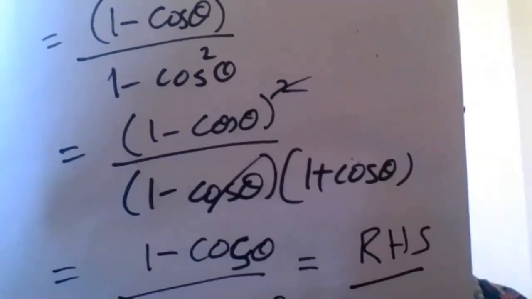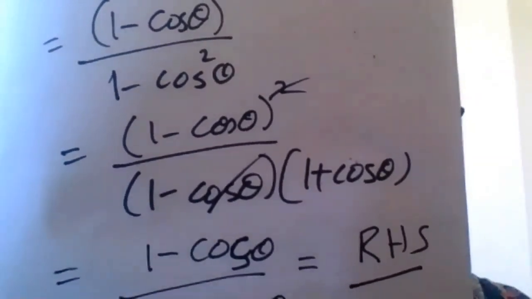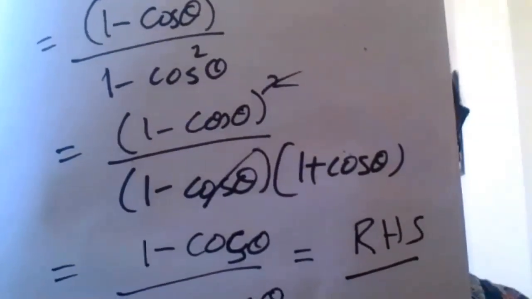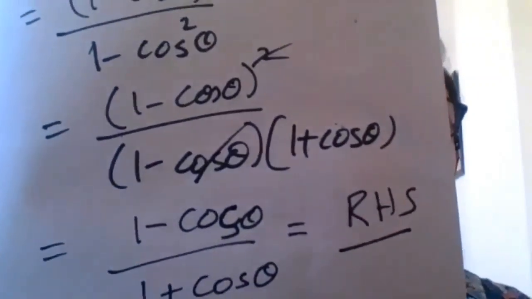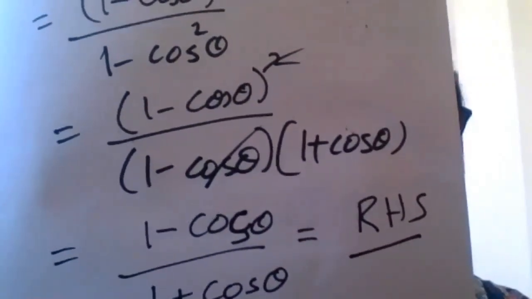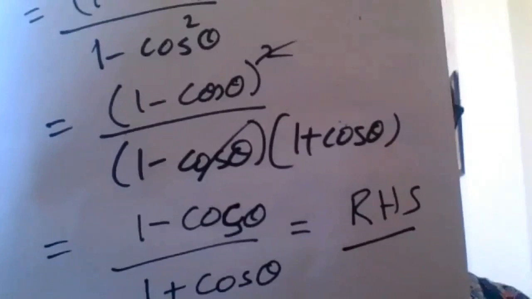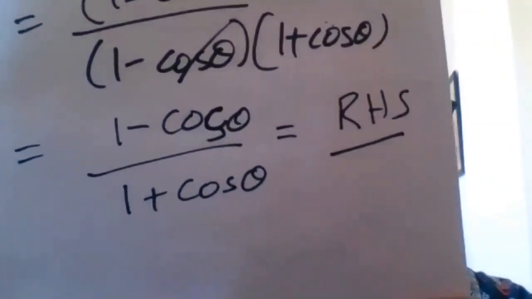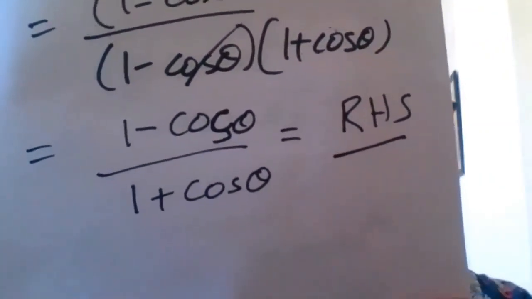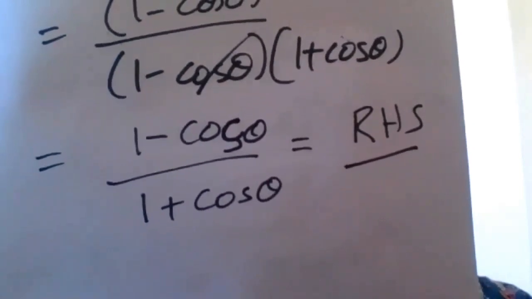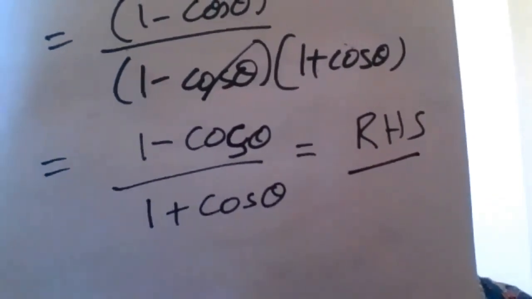So we can write it as (1 minus cos theta) multiplied by (1 plus cos theta). From the numerator, one of the (1 minus cos theta) gets cancelled out with the denominator. So we end up getting (1 minus cos theta) divided by (1 plus cos theta), and that is our RHS.